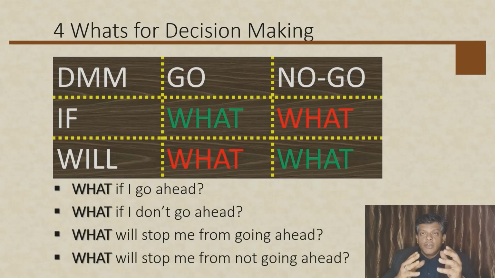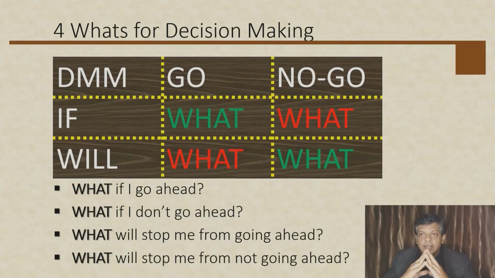Then you have to analyze with the next, what if I don't go ahead with option A? Once you're through with this, you have to further assess what will stop me from going ahead with option A, and the last and final, what will stop me from not going ahead with option A.